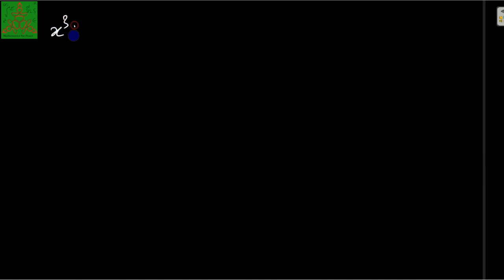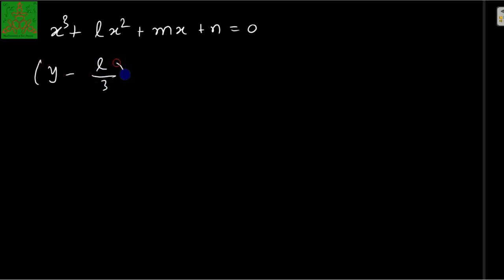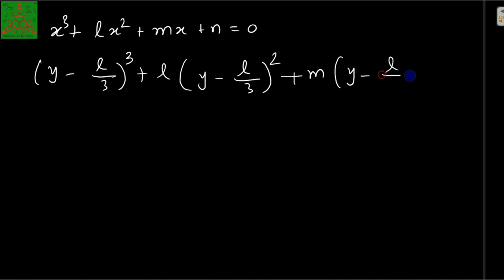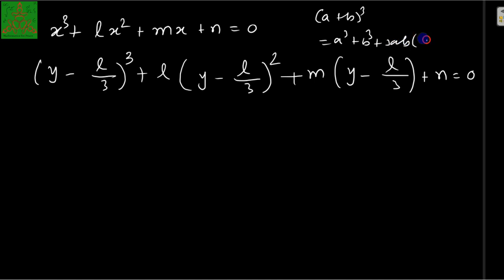Our original equation is x cube plus l x square plus m x plus n equal to 0. Now we have to substitute x is equal to y minus l by 3. So this is y minus l by 3 whole cube plus l into y minus l by 3 whole square plus m into y minus l by 3 plus n equal to 0. As we know, the expansion of a minus b whole cube is a cube minus b cube minus 3ab into a minus b.